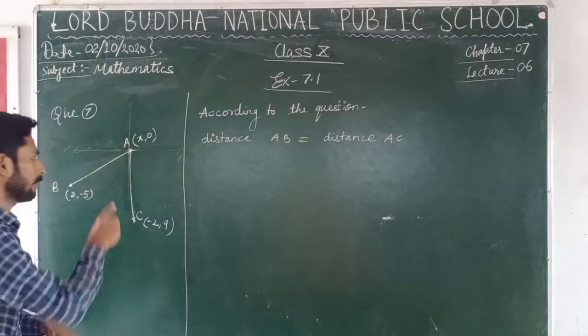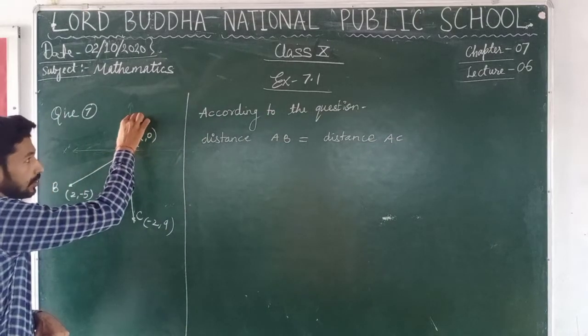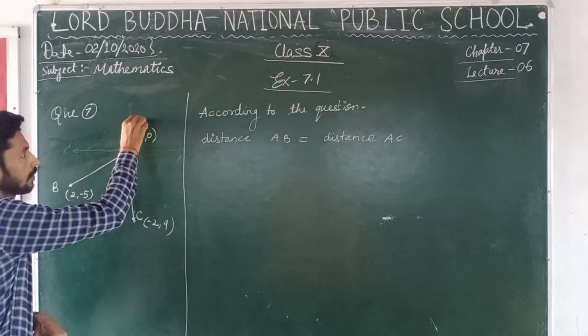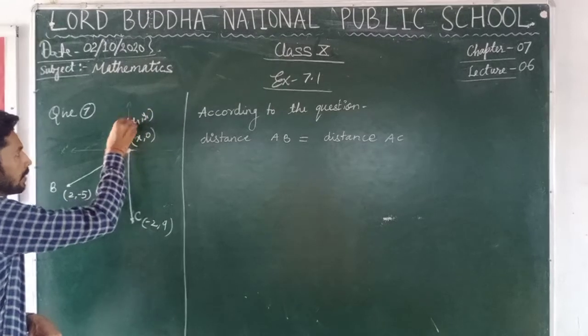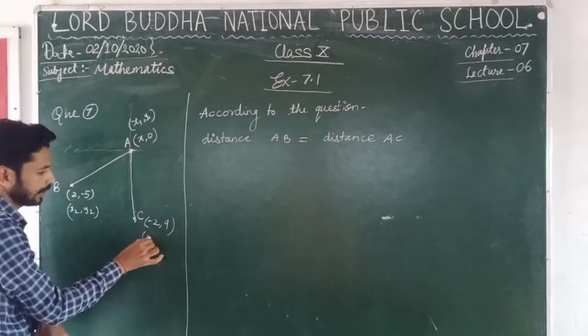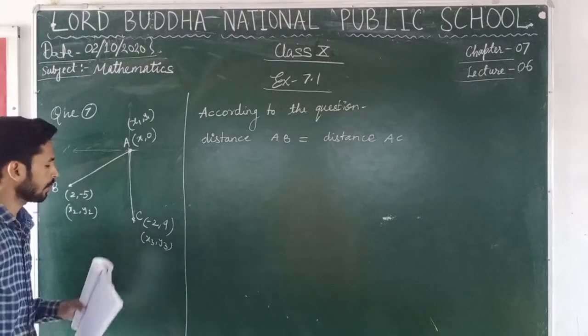To find this value, suppose that this is (x1, y1), next is (x2, y2) and next is (x3, y3). Clear?